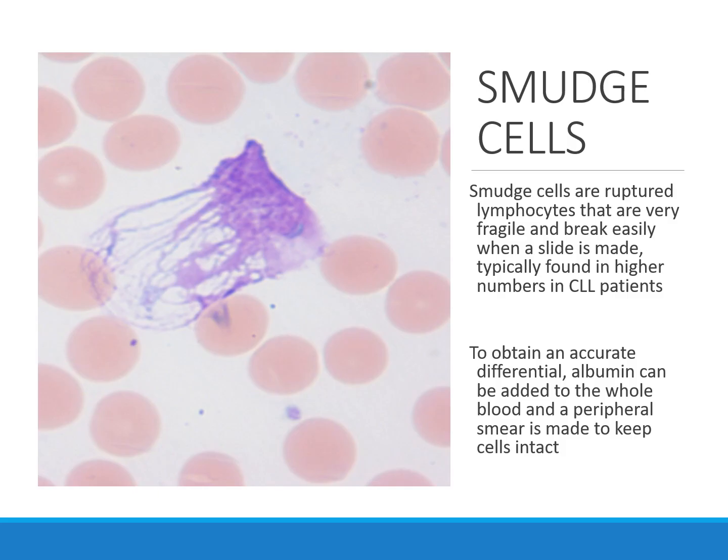And then we can do a count based on that albumin slide. So we'll make a slide with that drop of albumin and then the whole blood mixture. Ultimately, it's about 1 drop of bovine albumin to 9 drops of whole blood from the patient sample. We then just mix it up and then we make a slide as we normally would with regular whole blood.